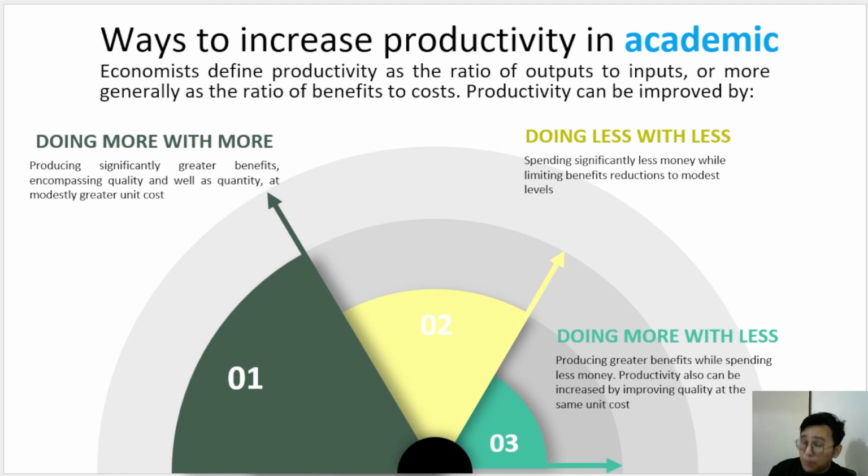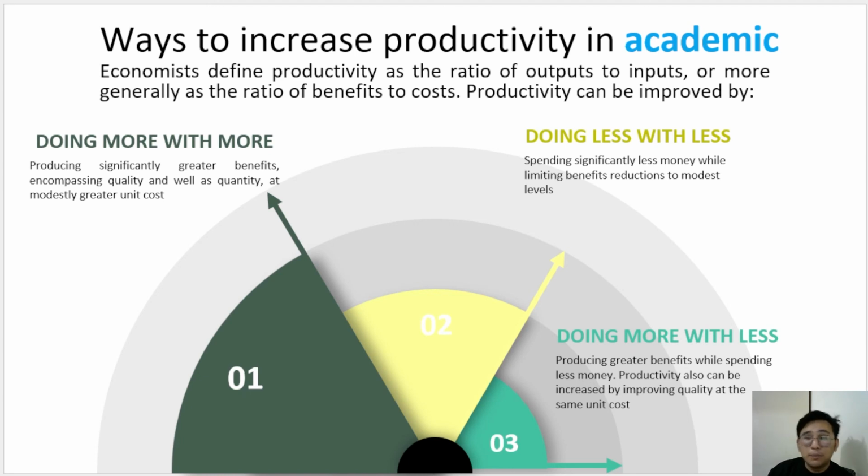Productivity can be improved by, one, doing more with more, so we can produce significantly greater benefits, encompassing quality as well as quantity, at modestly greater unit cost. We could also do less with less, spending significantly less money while limiting benefit reductions to modest levels.